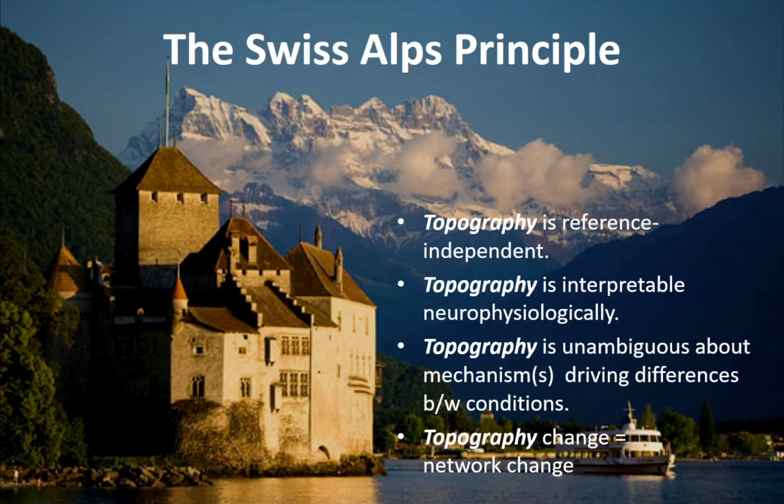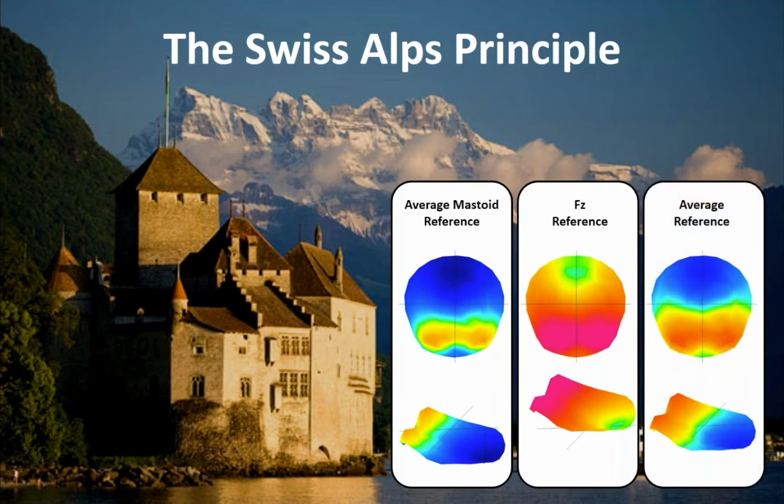If I were to look at the topography of EEG or an event-related potential, what you observe if you change the reference is that the colors change, but the actual shape of the topography, the three-dimensional configuration over space, doesn't change. You're simply moving sea level, if you will, around.